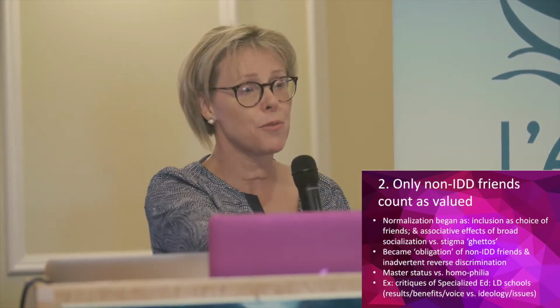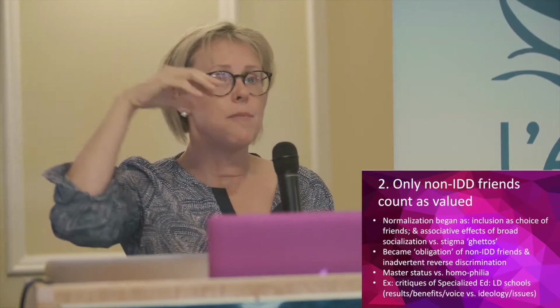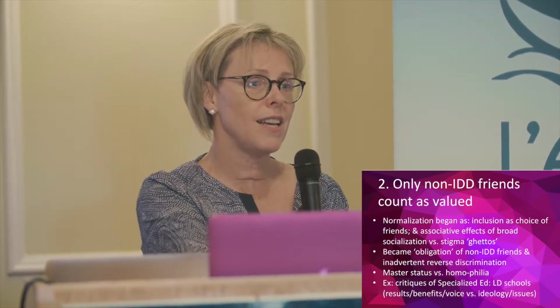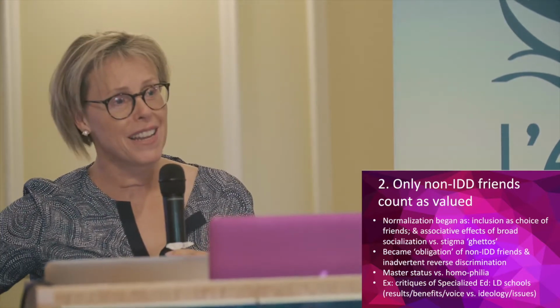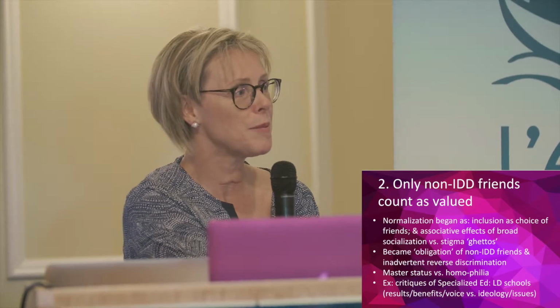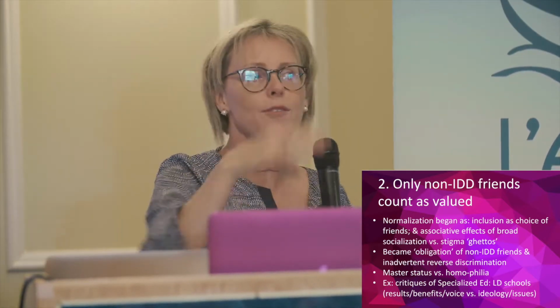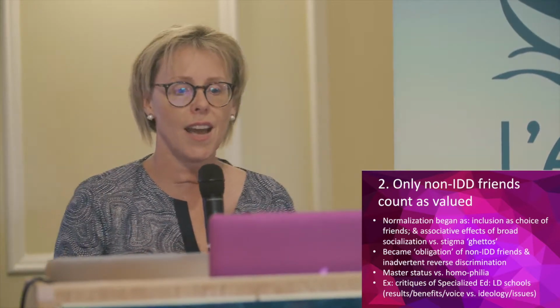I want to be able to read. And yet because it's expensive, but partly our government has committed to a mainstreaming agenda. So they say, no, we don't want any more separate schools, even if they work, even if people with disabilities want them themselves. So it kind of fits into this, you have to be with non-labeled people in order for it to count as community, to count as inclusion.